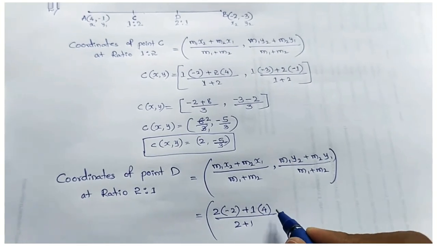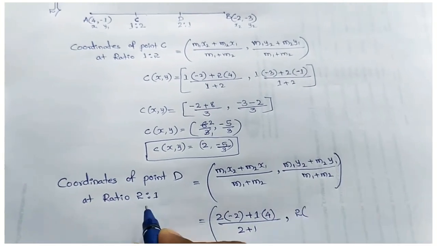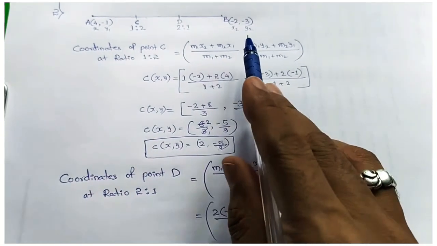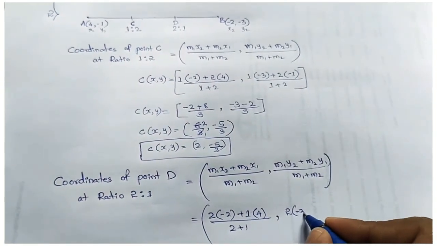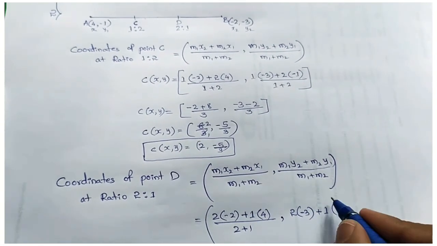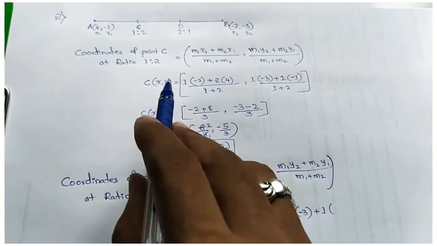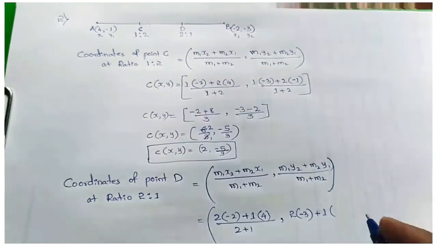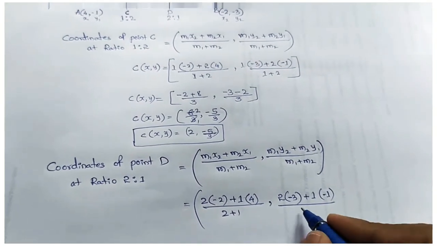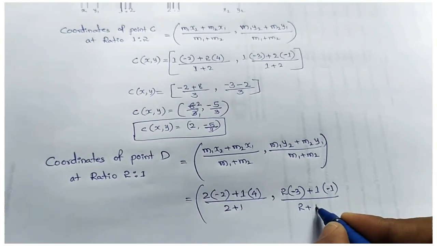Next m1 is 2 here. So y2 is how much here, minus 3, plus 1 into m2 is 1. So y1 is how much, that is minus 1, divided by 2 plus 1.